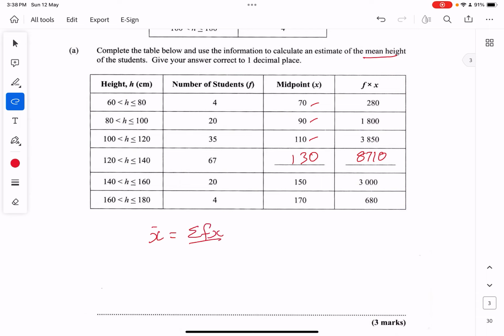Now we need to sum up all of this to get your sum of fx.